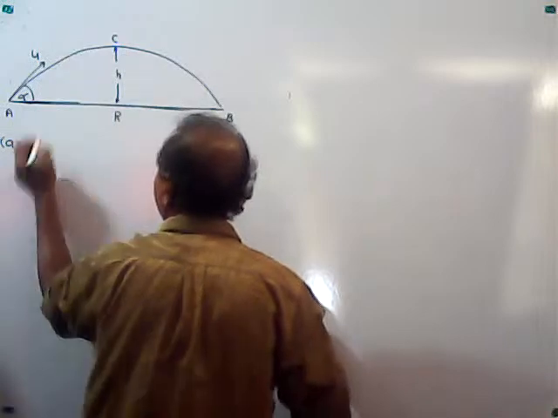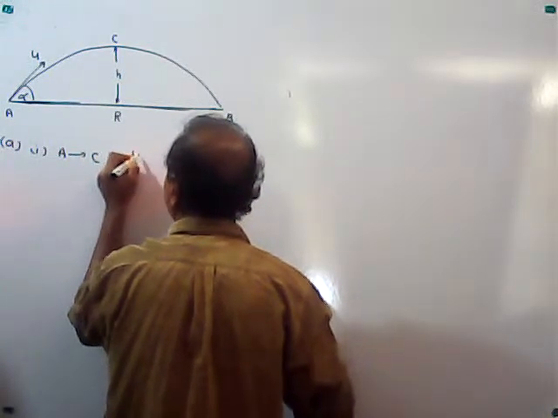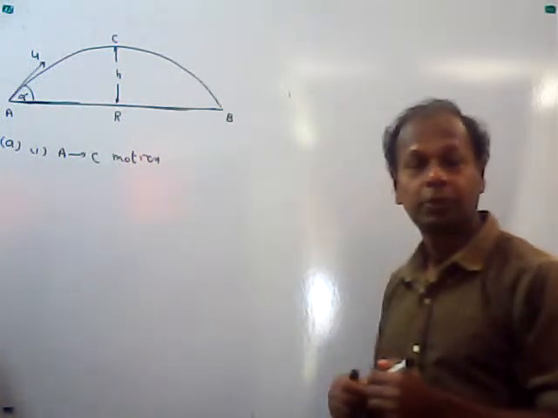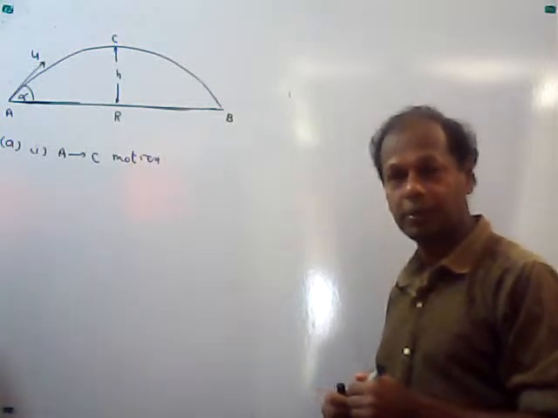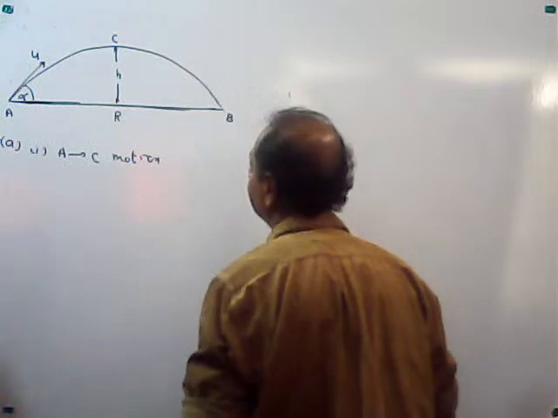To find the maximum height, part one, A to C motion. I'm just working this out for you to check your answers. You should have done this for homework, not anything that hard.